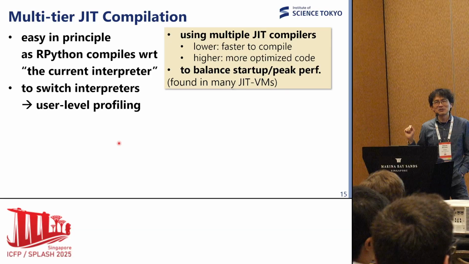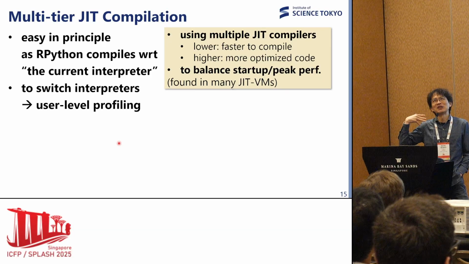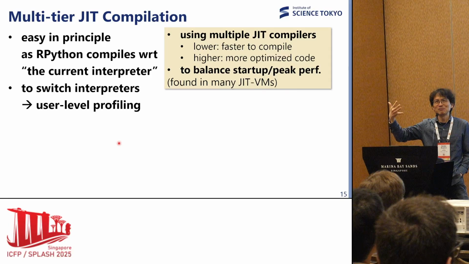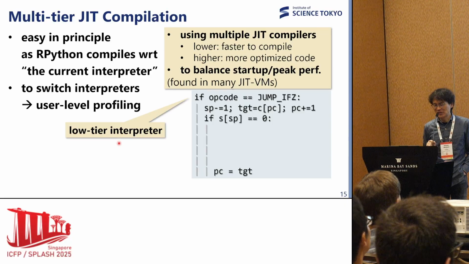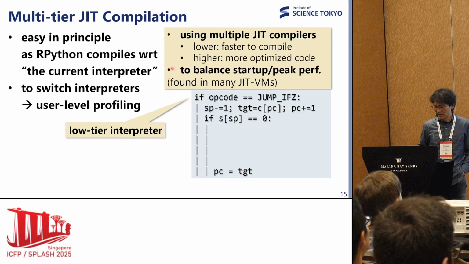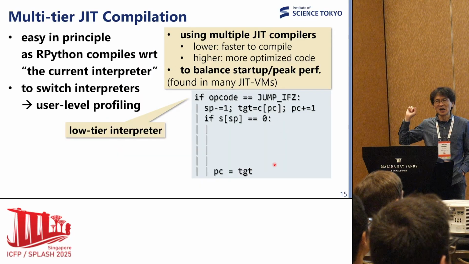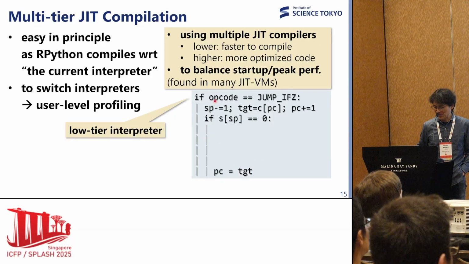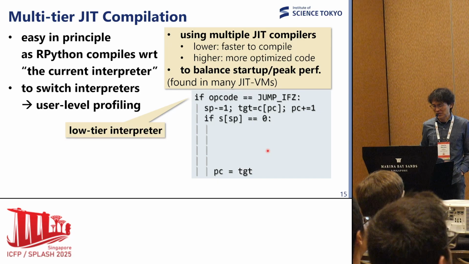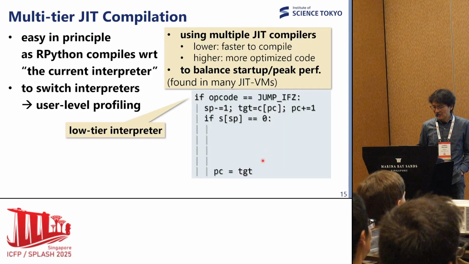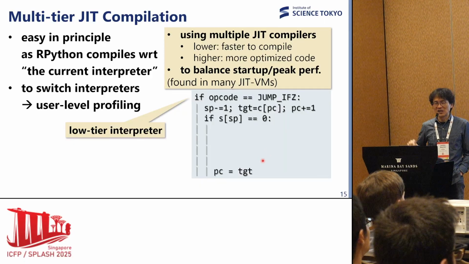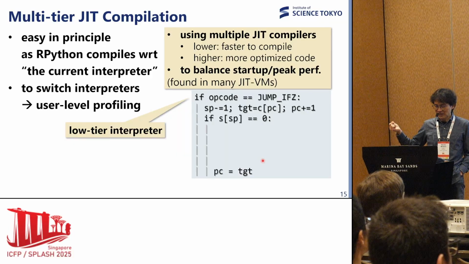And in order to do that, we found that when we implement user-level profiling, then we can switch the interpreters. For example, this is the semantics of the conditional jump instruction. This is the original definition of the conditional jump, which does nothing, just a conditional jump. Assume this code is written as a lower tier interpreter.